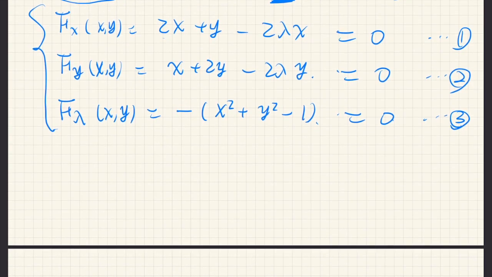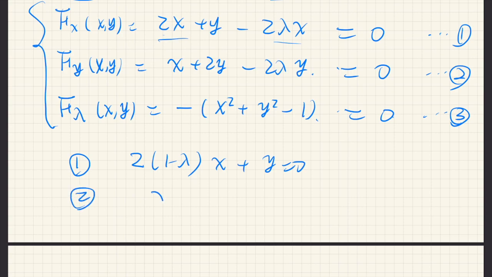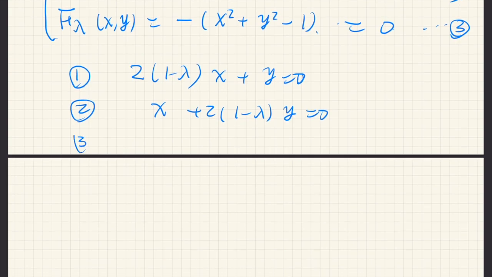First, let us simplify these equations. So from 1, let's factorize this. We have 2(1 minus lambda)x plus y equal to 0. From 2, we have x plus 2(1 minus lambda)y equal to 0. And from 3, we have x squared plus y squared equals 1.